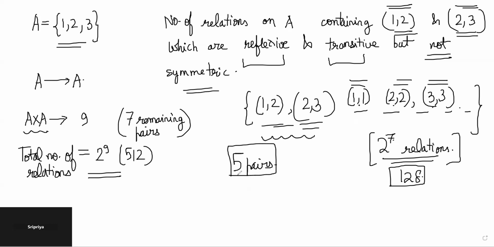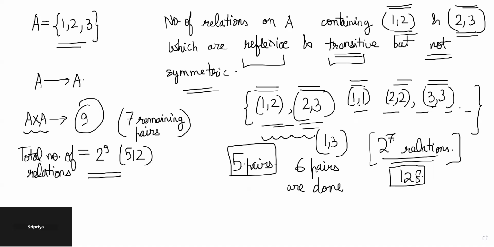Now let's think of transitive. If 1 comma 2 and 2 comma 3 are present, by the transitive property 1 comma 3 should be there. There is nothing else that is guaranteed by transitivity. So six pairs are already done. Out of the nine pairs, six pairs are guaranteed now, correct?